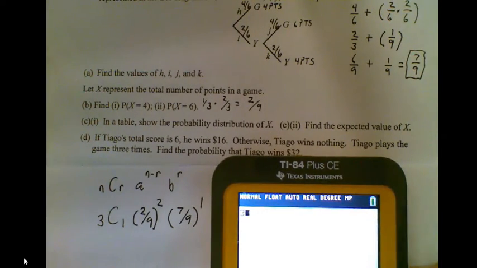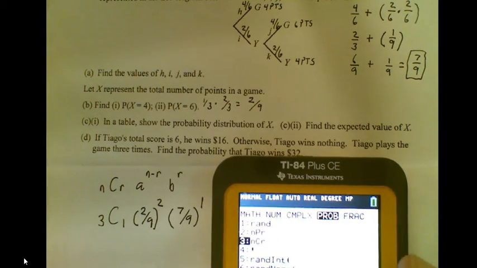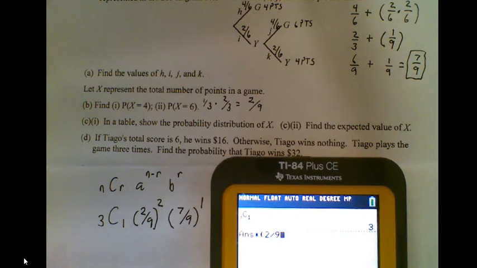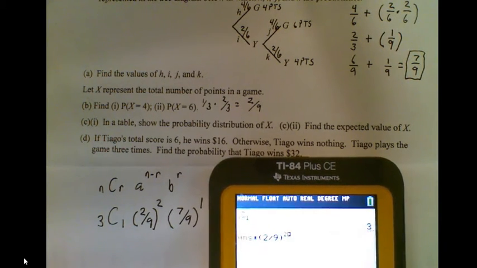Let me do that real quick. We got 3C1 times 2/9 to the second times 7/9 to the first. And so there's one way to get that answer. We have about 11.5% chance of that happening.